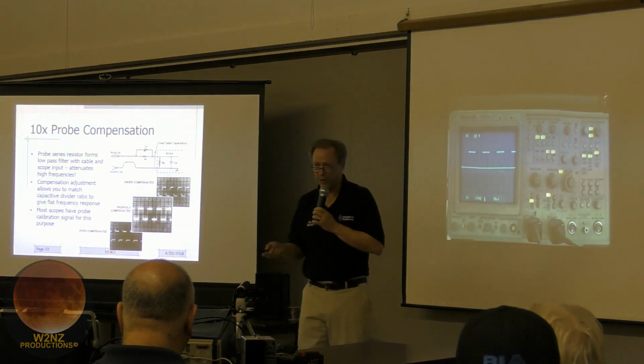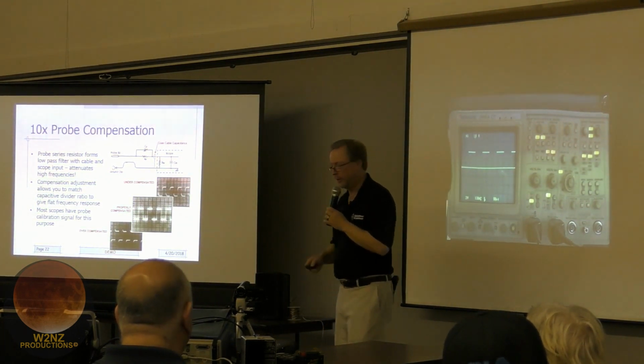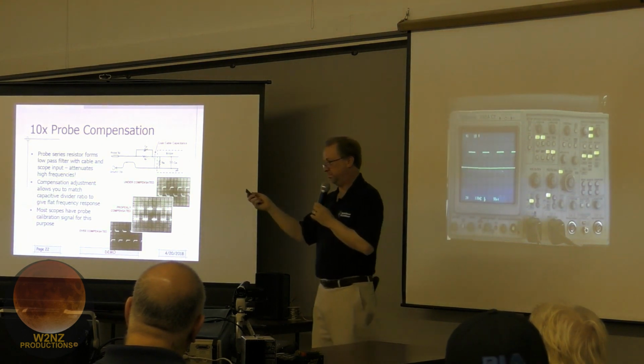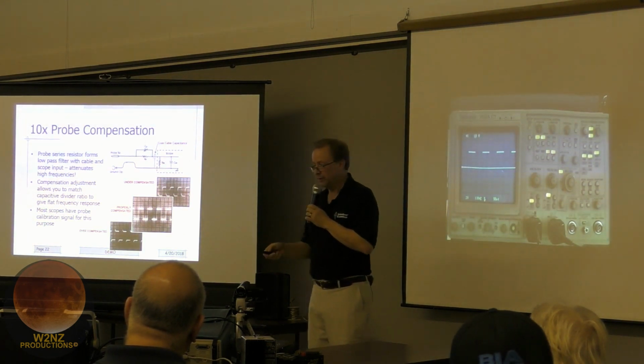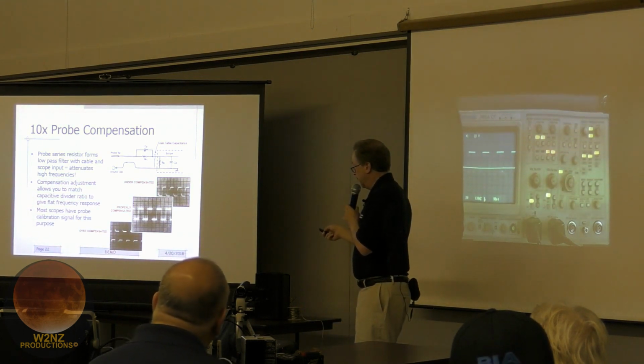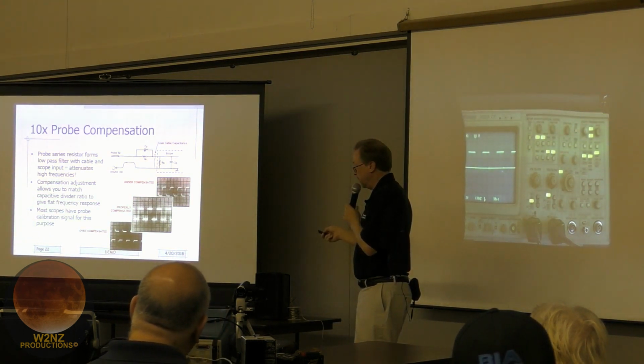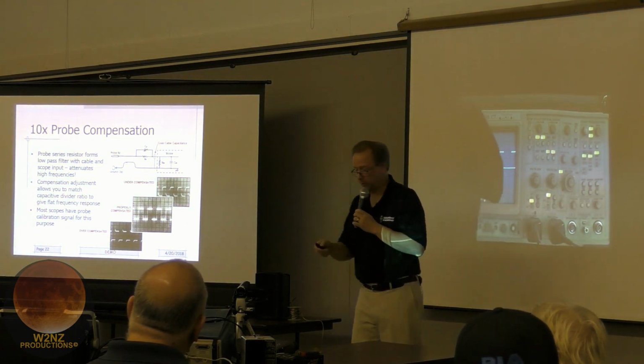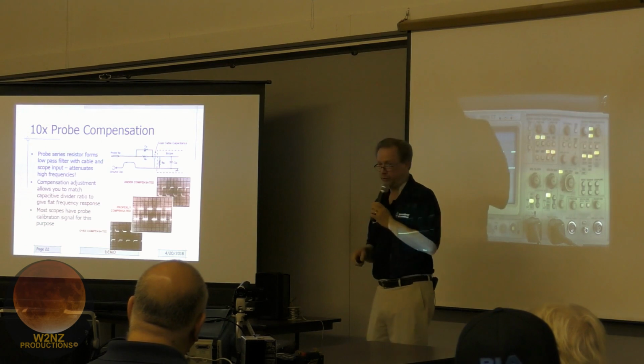We all know about RC low-pass filters. We're going to start rolling the signal off. So with a typical 10x probe, once you get above 5, 10 kilohertz, that input capacitance starts to dominate the input impedance of the scope. It's not 1 megohm anymore, it's something much less because of the capacitor reactance of that input capacitance.